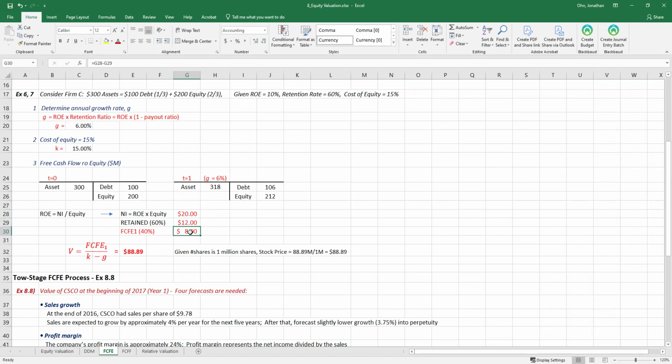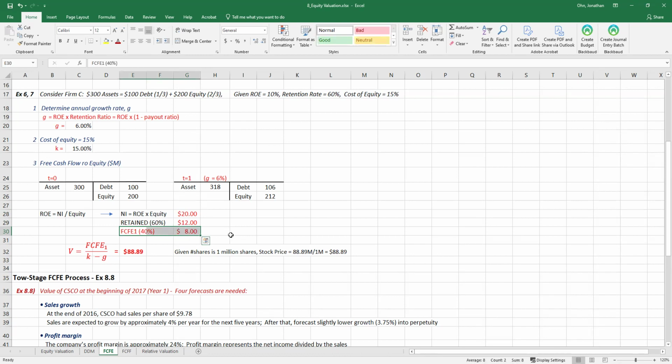The rest, what remains after this calculation, is $8 million, which is 40%, right? That is called free cash flow to equity.